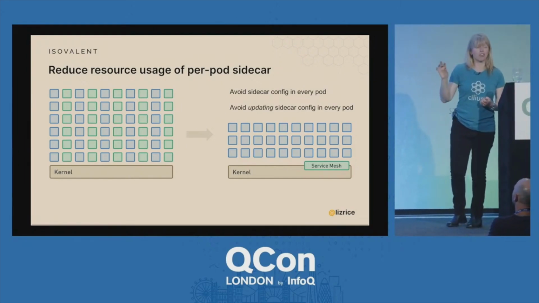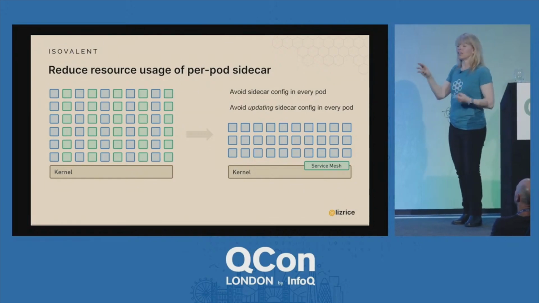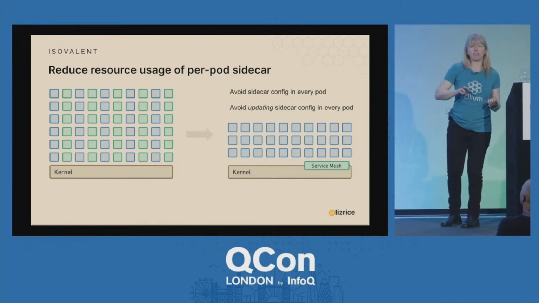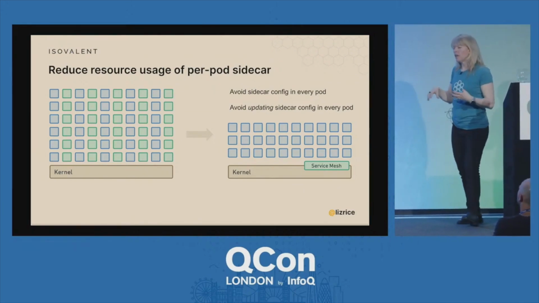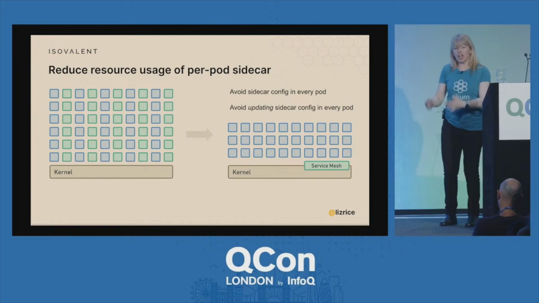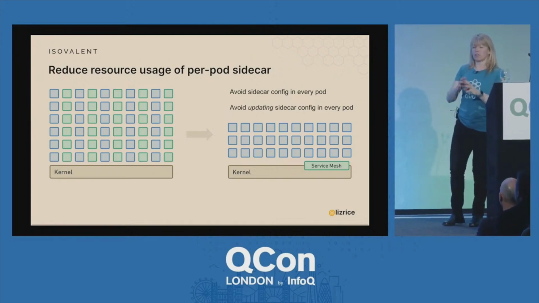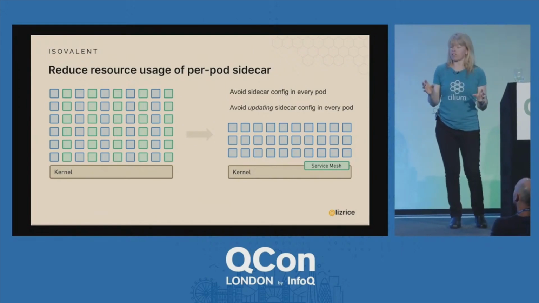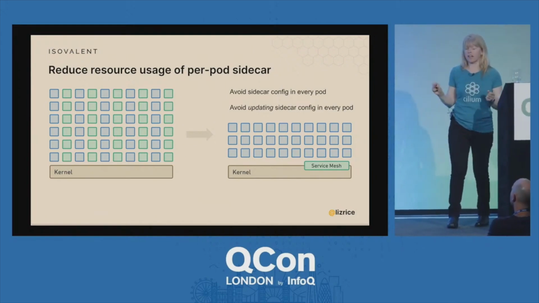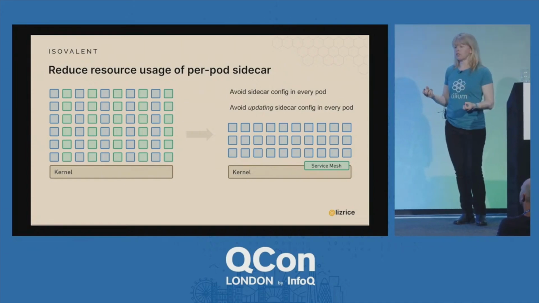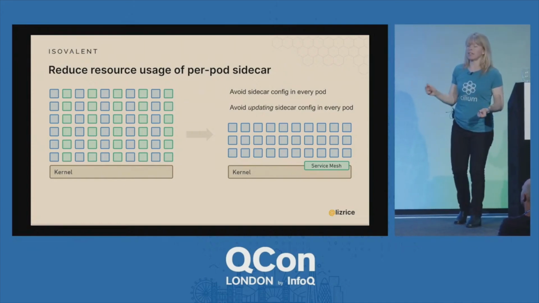Every sidecar has proxy or routing information, and you need a copy of that in every single pod. If we're allowed to share that information, if we only have one instance of that configuration per node rather than sitting in every single pod, that's going to be reduced resource usage, and we don't have to keep updating it.